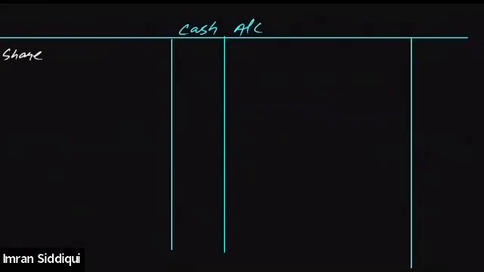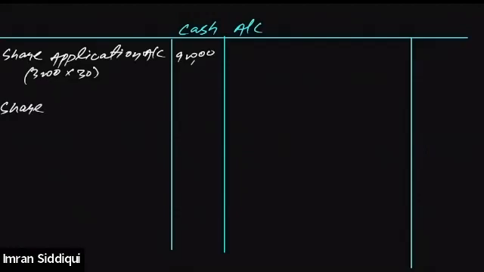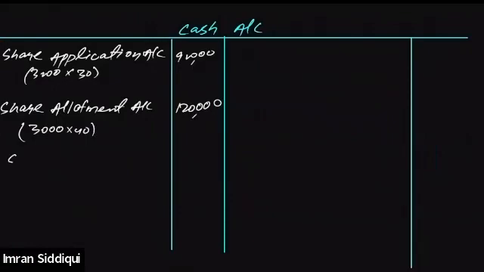So we'll write that like this: share application account, 90,000, that is 3,000 into 30. Then we have received some amount on allotment, so share allotment account, 3,000 into 40, 1,20,000, and share first and final call.